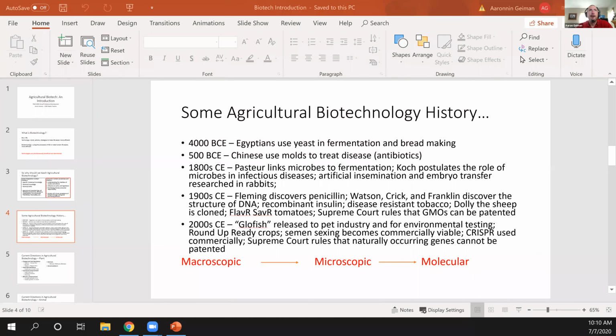So the big picture that I convey with my students as we do timelines, and this is not just timelines in biotech, but generally timelines in any class, is that in ancient times, man may not have known exactly what they were doing, but as time progressed, technology became smaller. They were able to dig deeper and move into the microscopic and molecular levels and even the submolecular levels.